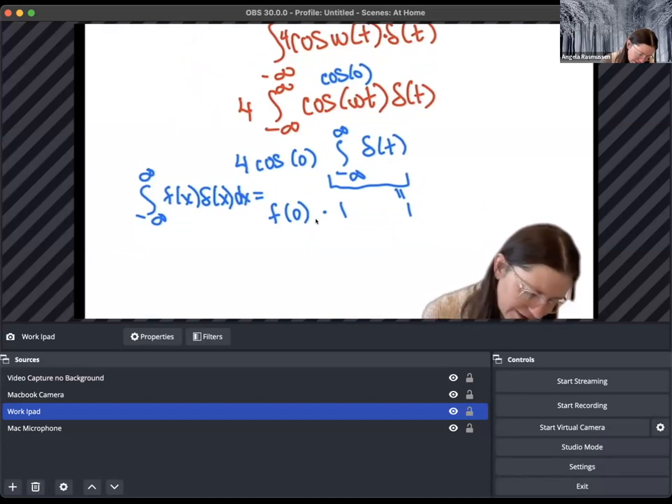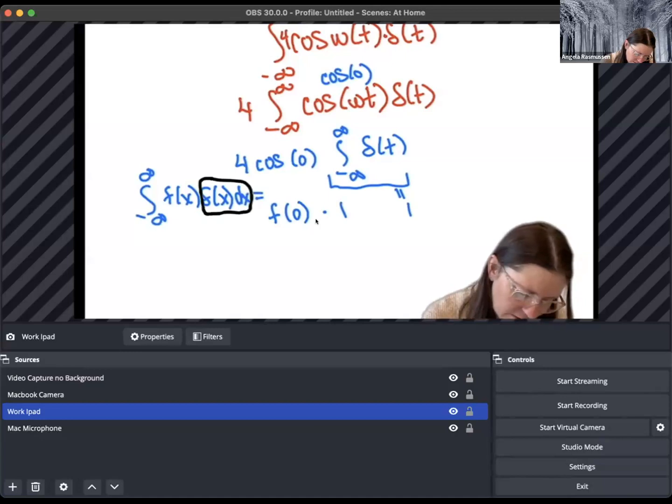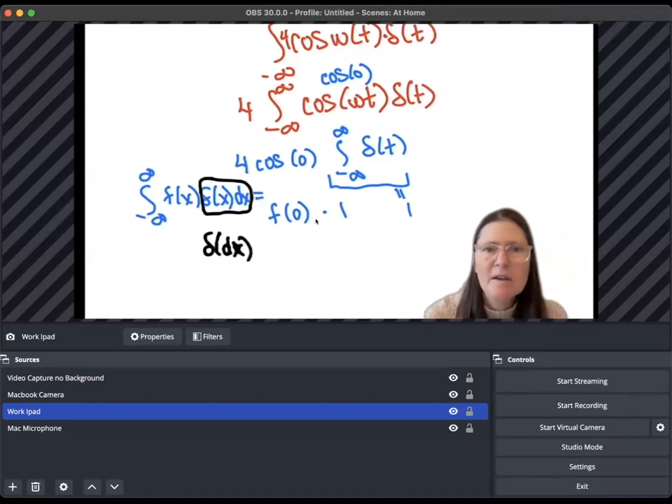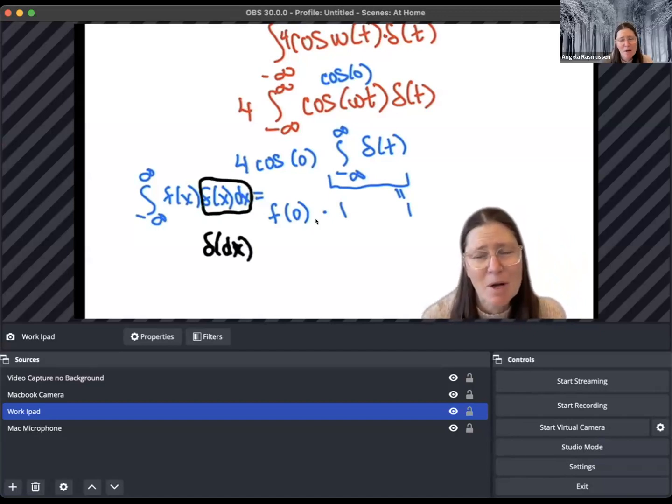Oh yeah, they're the same. Just different ways of writing it. And again, that's a property of just the delta function. It's not really a real function. It's a model of what's going on.